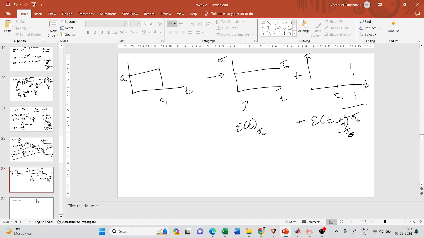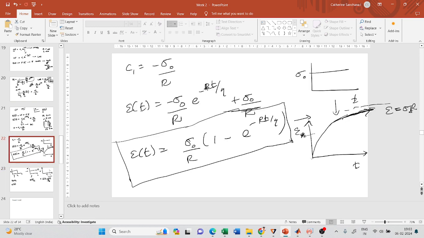So in this equation, let us find out the response for t greater than t1, when the material is subjected to this creep and recovery experiment. Let me substitute.